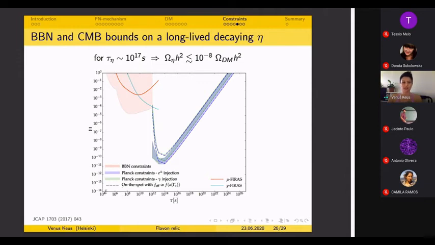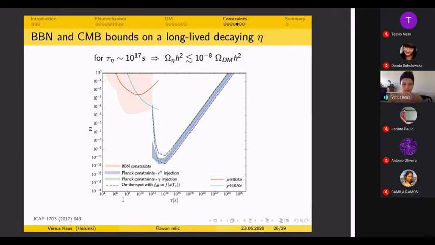I mean, this is 3 minutes or so. But your particle is decaying into 2 photons, right? So it's injecting energy into the bath. And at early times, by the Big Bang nucleosynthesis data, your abundance is constrained to be below this value.